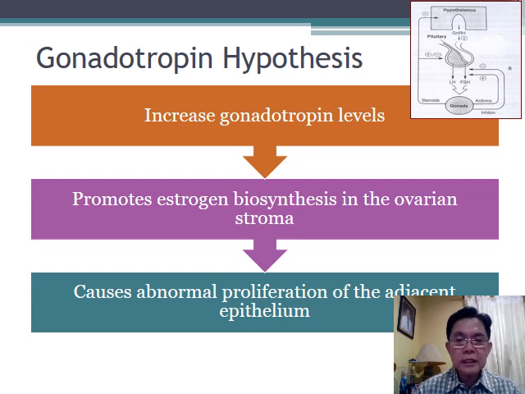So in that instance, what are conditions that might be related to the development of ovarian cancers based on this hypothesis? So the use of your fertility pills might be associated with higher levels of gonadotropin, so it might be related to increased risk of the ovarian cancer.